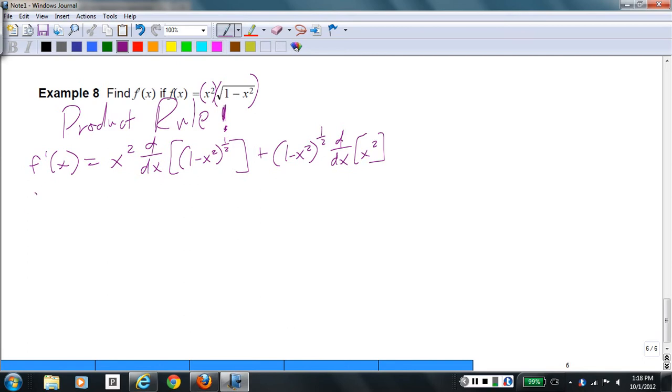So f prime of x equals x squared times the derivative of something raised to the 1/2 power. Here we go, chain rule. Derivative of something raised to the 1/2 power is 1/2 times that something to the negative 1/2 times what else?